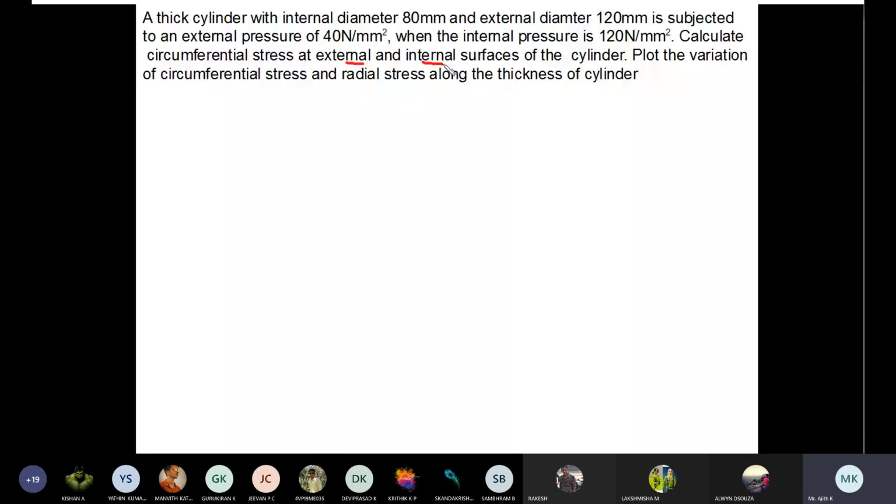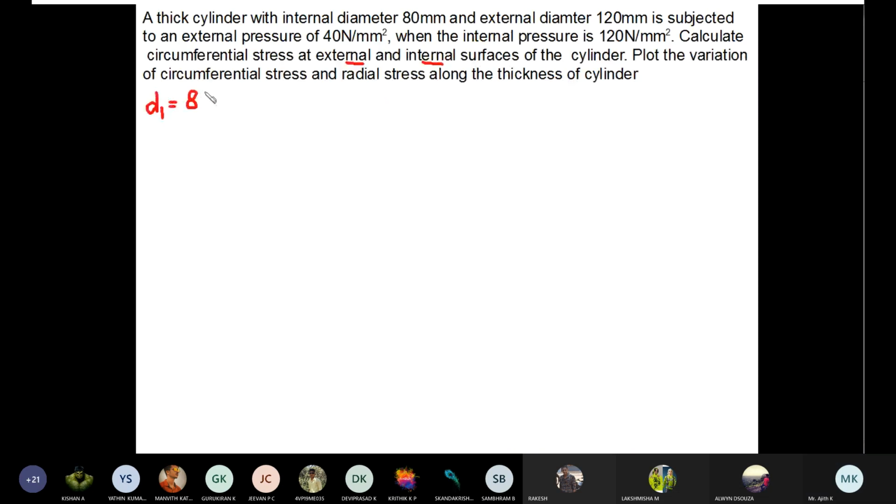So here the given values are a thick cylinder with internal diameter, let me consider it as D1. D1 is 80 mm. If D1 is 80, then radius will be half of that. R1 will be 40 mm.